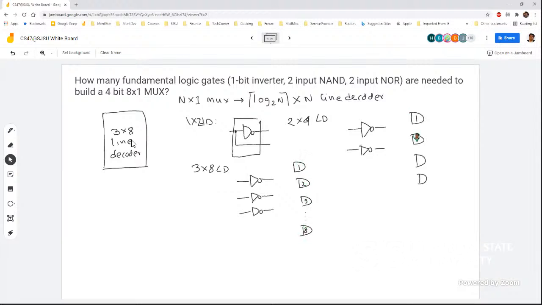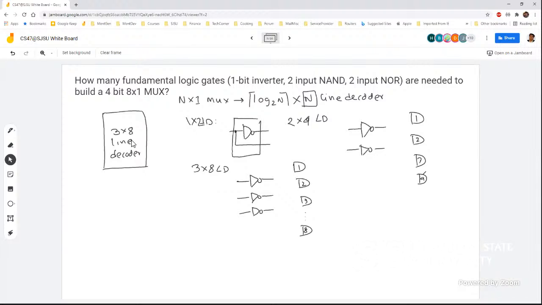So you see the pattern here: if we are talking about a something by n line decoder, it has n AND gates, no matter what circuit you come up with. It has them at the output stage.